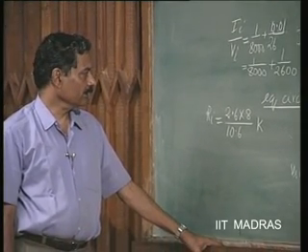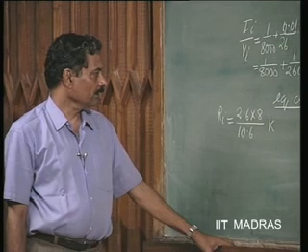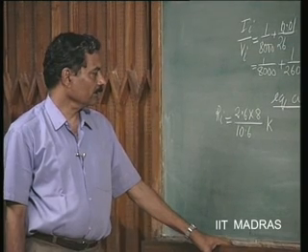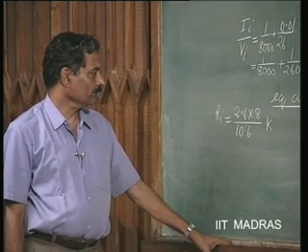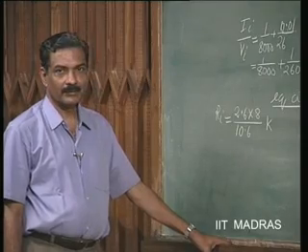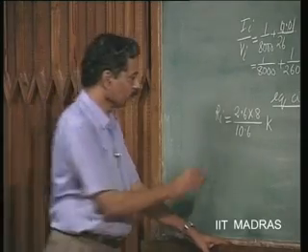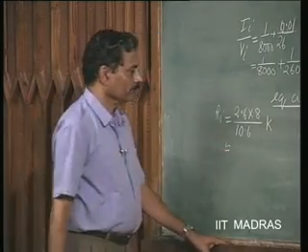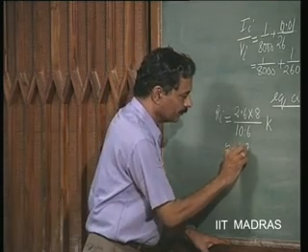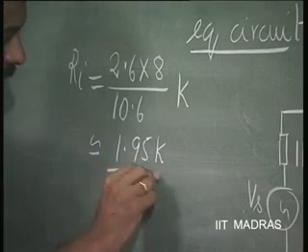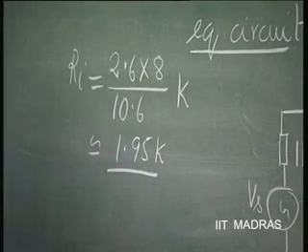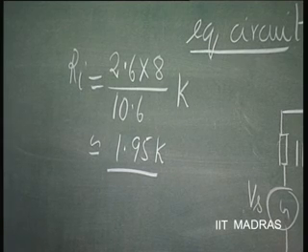This is around 2 K, 1.95 K. So, that is the input resistance offered by our amplifier.